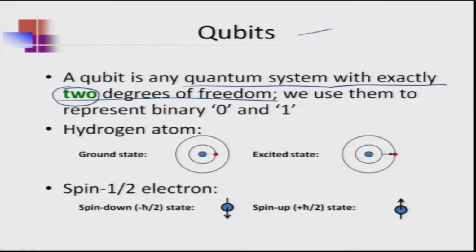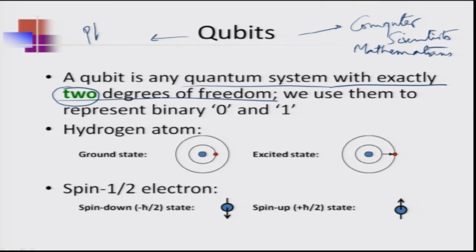So, QC essentially is represented on one side by computer scientists, mathematicians, and on the other side by mostly physicists and some very odd people who are interested in physics. For example, Seth Lloyd, he is a mechanical engineer.